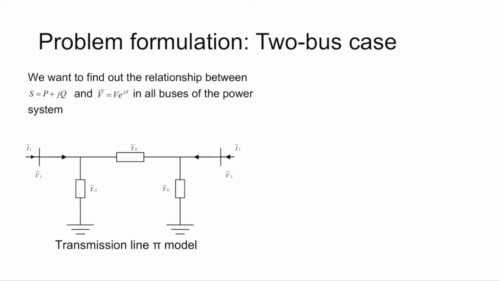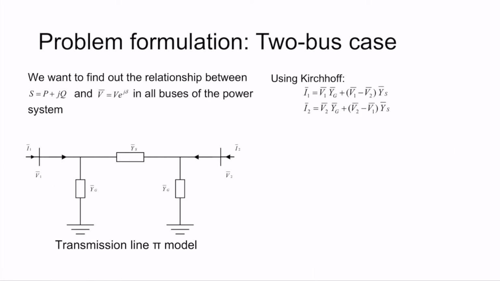Instead of using impedance, I'm going to use admittance. Here we have the admittance YS, which is the series admittance. And we have two other admittances, which I call YG, sometimes given as YG divided by 2. In this case the two admittances are the same. If we want to compute the impedance, we just need to take the inverse of the admittance.